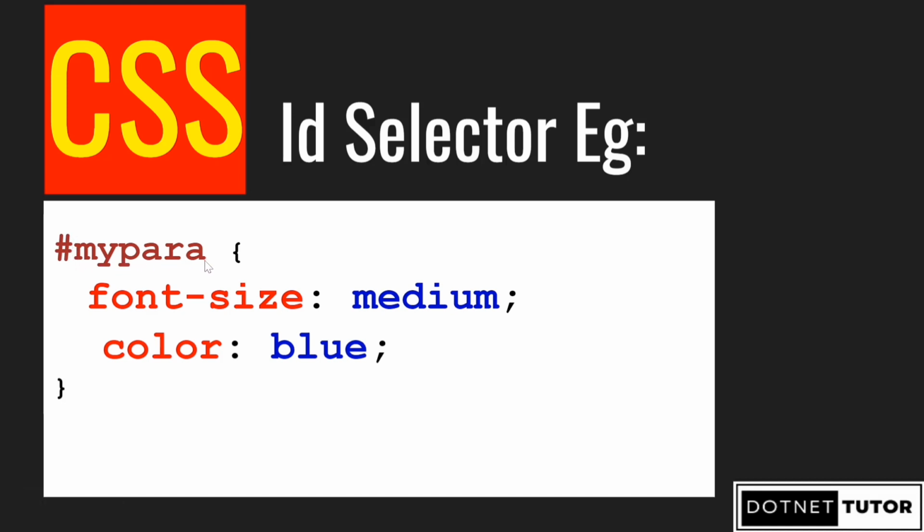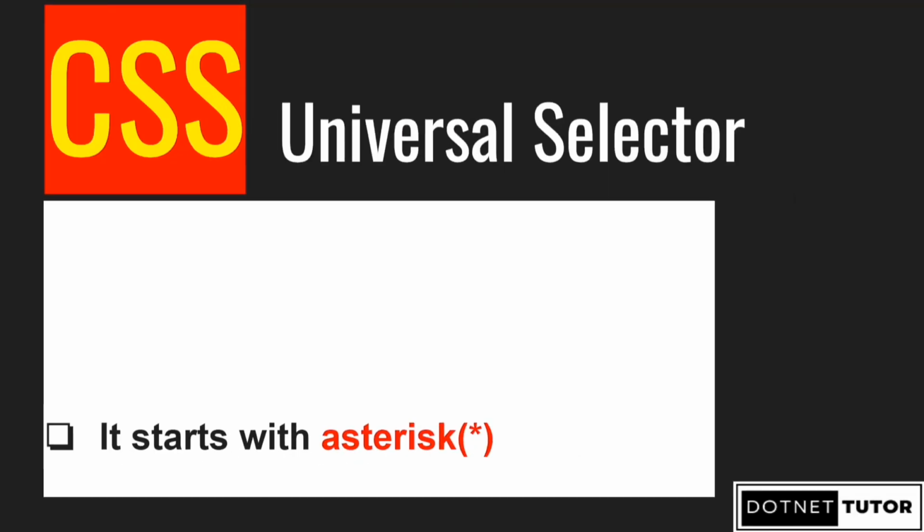My para is an ID selector here, and for this we have given font size and color. If we want to use this ID selector, we have to give id equal to my para, like that. Don't worry if you don't understand, I will show you an example in real time.